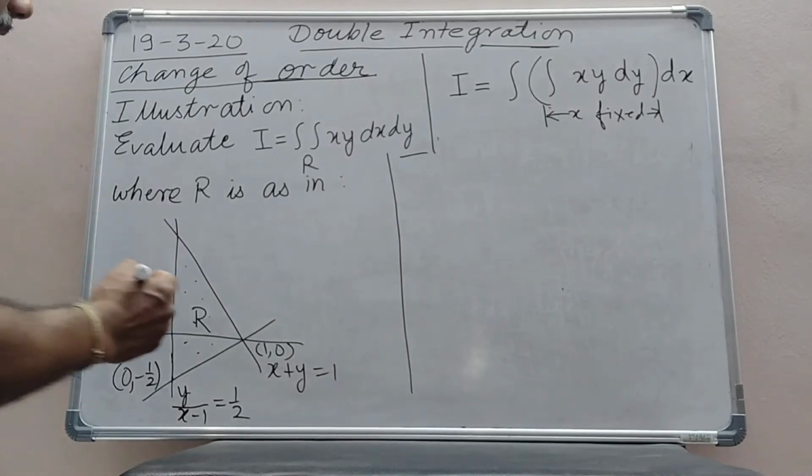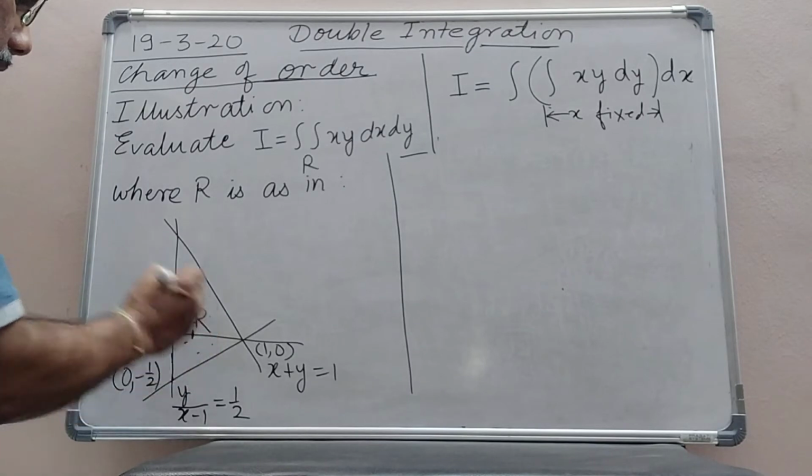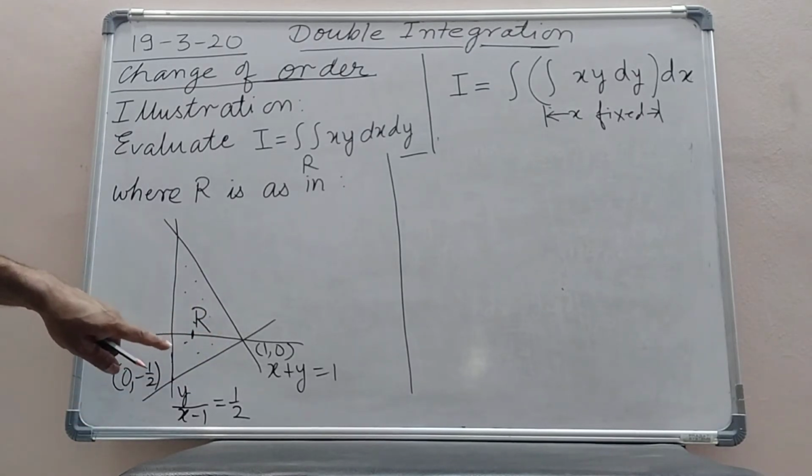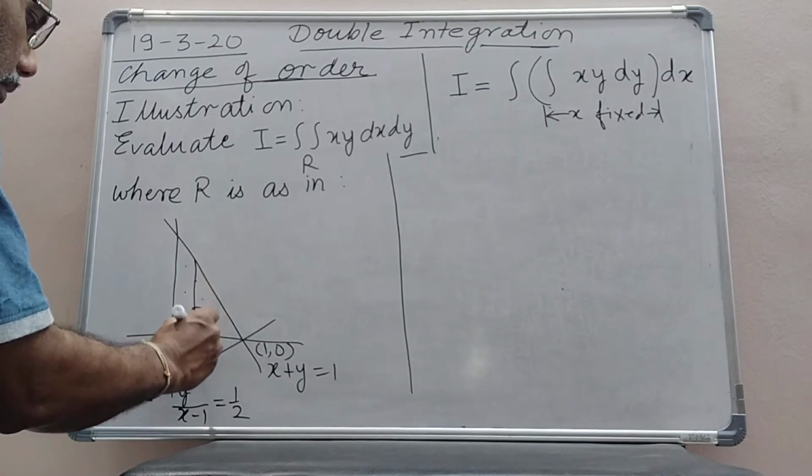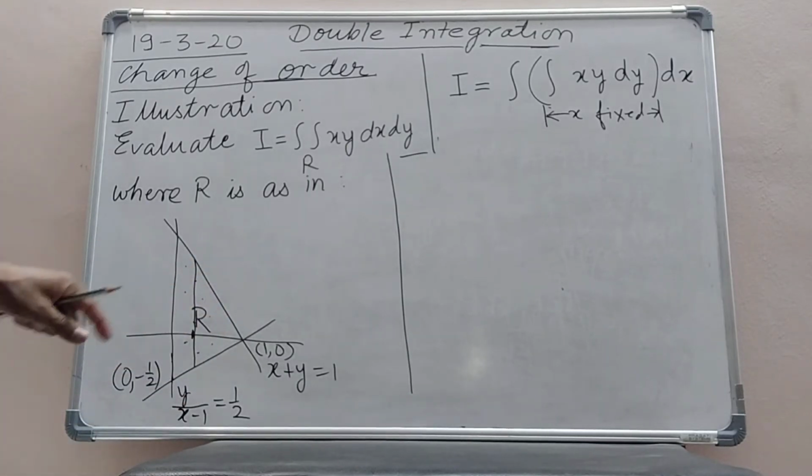So let me fix x, let's say here at this particular point. So x is going to be constant along this line.